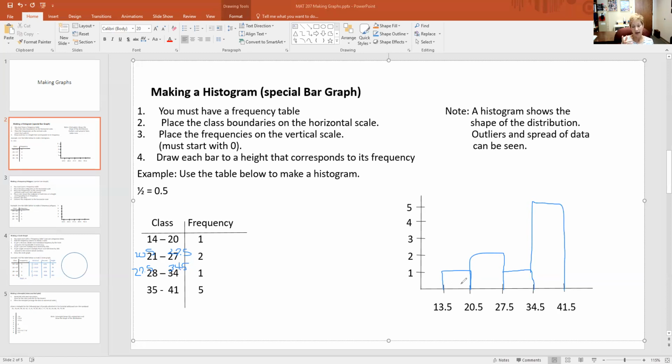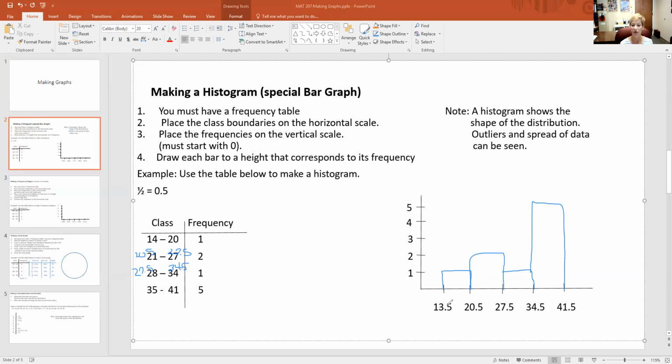So make sure that you put class boundaries on this horizontal scale and frequencies go on this vertical scale. You got to go up to at least your highest frequency, but this vertical scale has to start with 0. The horizontal one doesn't have to start with 0. You can even put 13.5 right there.